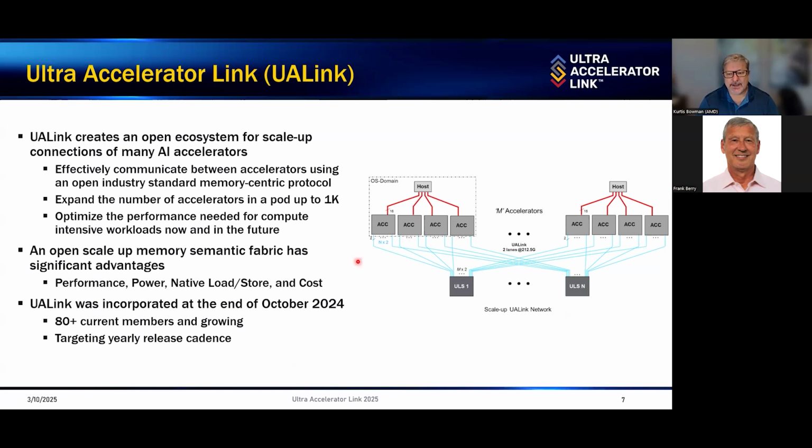We also see that it scales up very nicely, with really important advantages, and I'll get to those a little bit more in another slide, but you get performance advantages, power advantages, cost advantages, and those are all important to us. As I mentioned, we were incorporated in October of 24, and this slide actually is slightly dated now because we're at 85 members, so we continue to grow since we released in October.